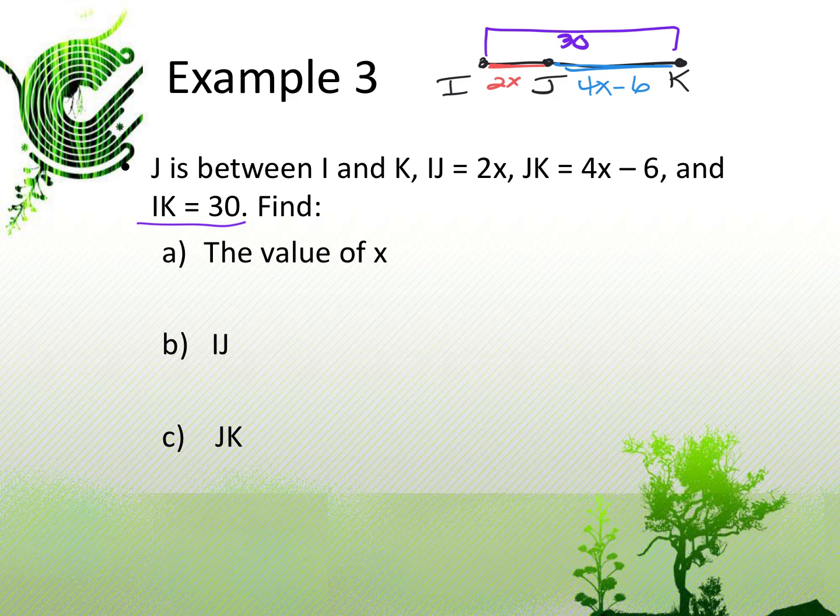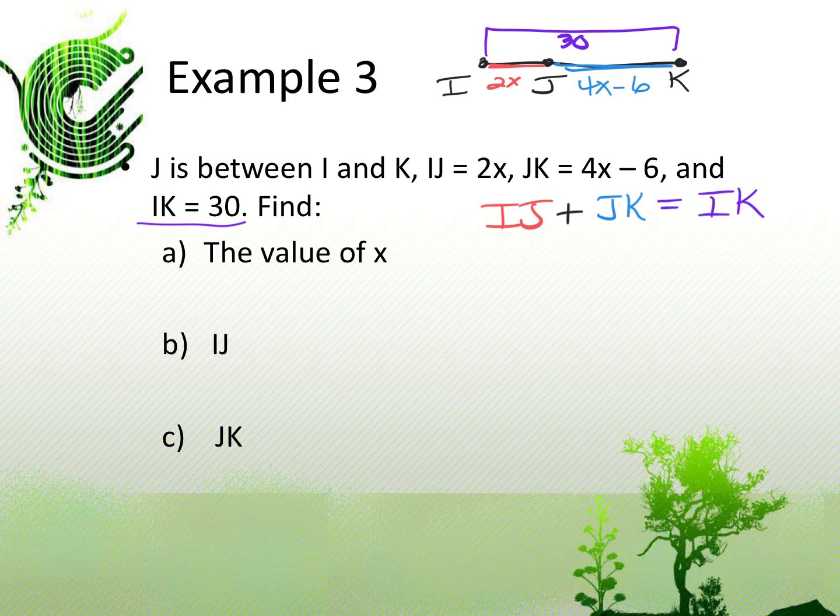So I'm going to be using my segment addition postulate because I know that IJ plus JK is going to give me the length of the whole thing, IK.